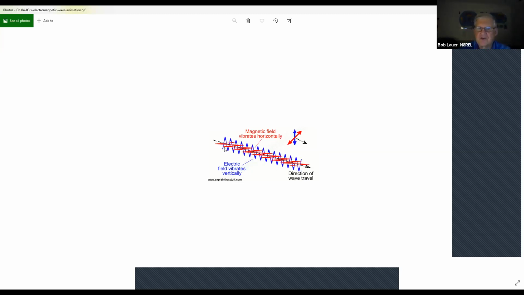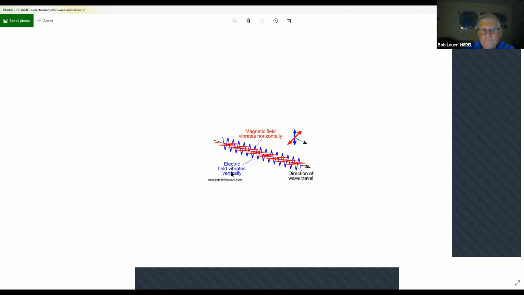Because the blue wave here is perpendicular to the Earth, this is vertical polarization. The red sine wave is the magnetic field. That's horizontal, but it's vertical polarization because you define polarization by the direction of the electrical field.